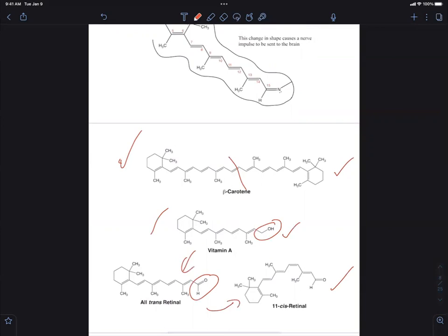Then inside your body, it's converted to the cis-retinal, where it can be localized within the opsin protein. It'll diffuse in. So that's essentially the process. You start by eating carrots and/or ingesting vitamin A, then that's converted to the aldehyde in your body, and eventually the cis double bond is made.